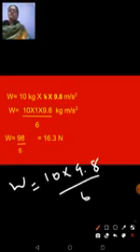I can write it as 10 into 9.8 upon 6. Okay, now 10 into 9.8 upon 6. 10 into 9.8 is 98. You all must be knowing this.